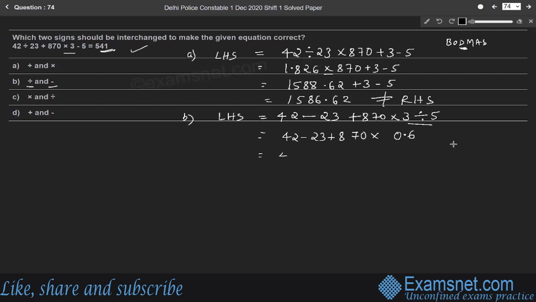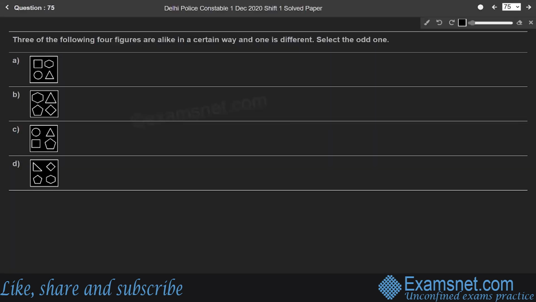So 42 minus 23 plus 870 into 0.6 is 522. So directly you can simplify, which is equal to 541, which is equal to the RHS. Therefore, option B is the right answer. You can check with even C and D, but there is only one answer, therefore option B.